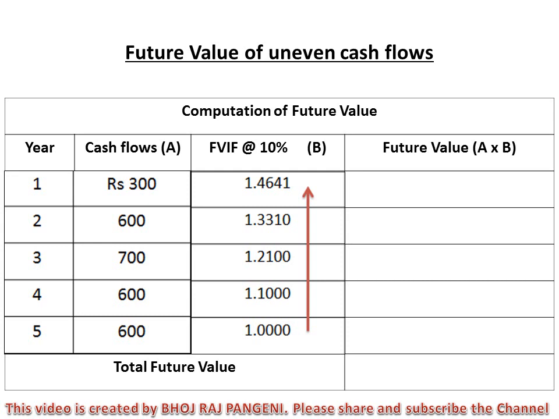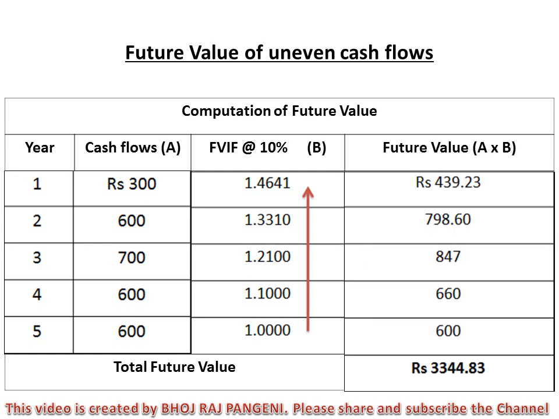So be careful about that. While finding the future value, always use these factors from below to upward, always according to the arrow. You have to put in the values of the factors. Now you get the future value by multiplying the cash flow by the FVIF factors. You have to sum it up, and you get rupees 3344.83 as the total future value.